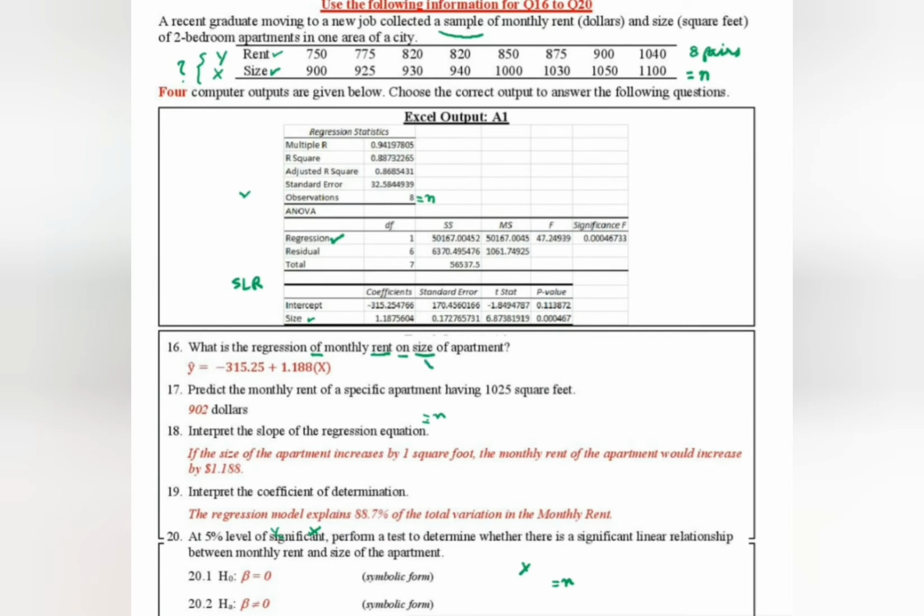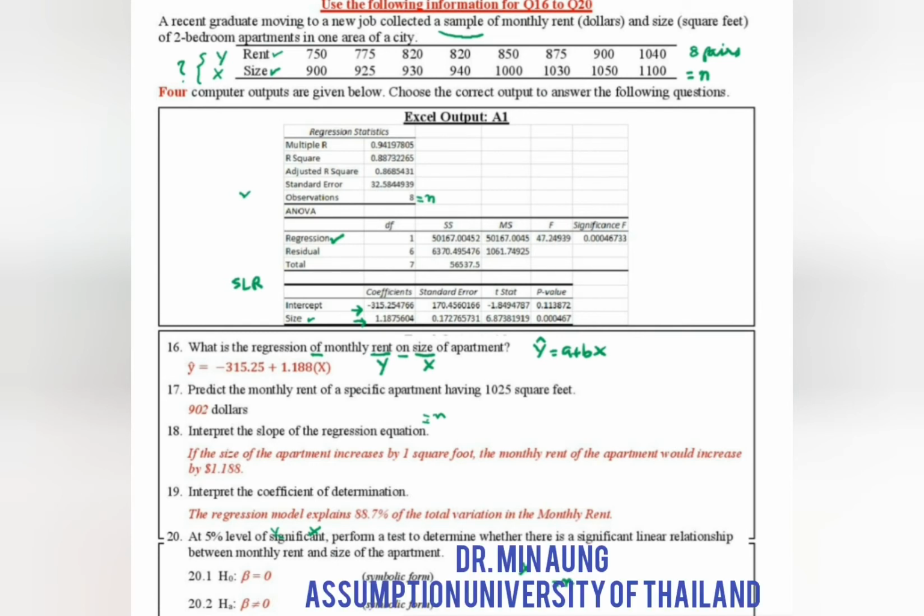Therefore, size is x, predictor, independent variable. Rent is y, the predicted variable. So the equation is y hat equals a plus b times x. A is here negative 315 point something, b is 1.18 something, and size is x. So you just write this equation.